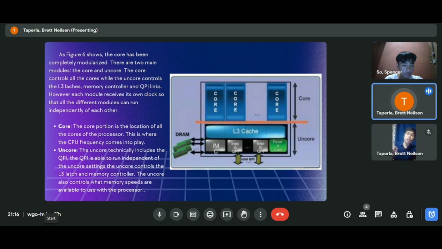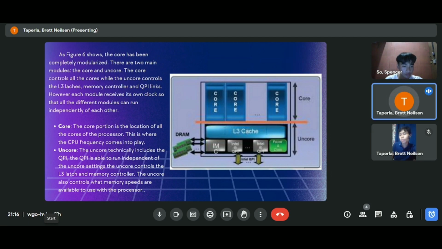The core is proportional to the location of all cores of the processor. This is where the CPU frequency comes into play, or where it activates mainly. The uncore technically includes the QPI, which is able to run independent of the uncore settings. The uncore controls the L3 cache as seen in the figure, and the memory controller as well.